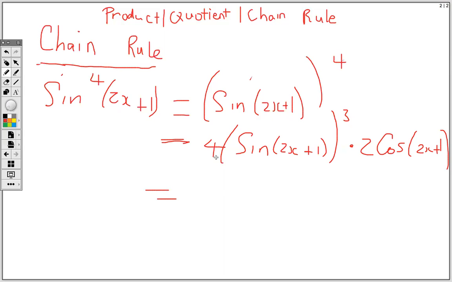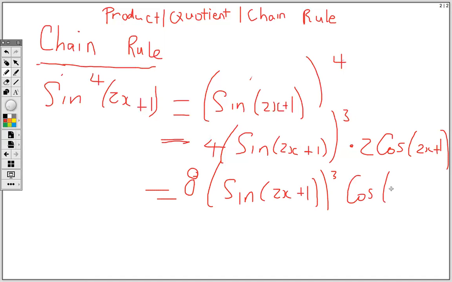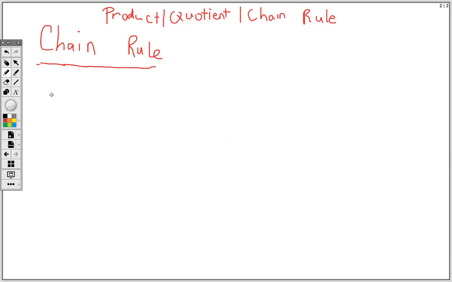So the answer for this is 4 times 2, that's 8 sine 2x plus 1 to the 3, then cos 2x plus 1.